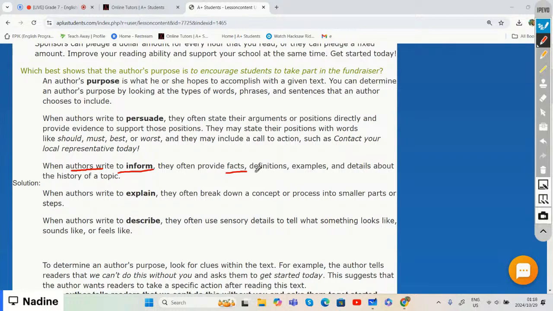Certain things, they need to give us definitions. They need to define a few things. They need to give us examples and details about the history of a specific topic.